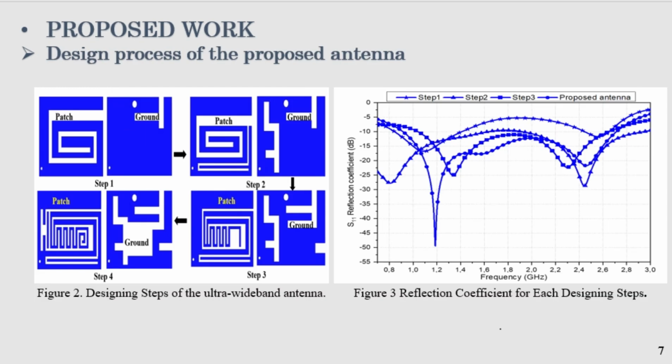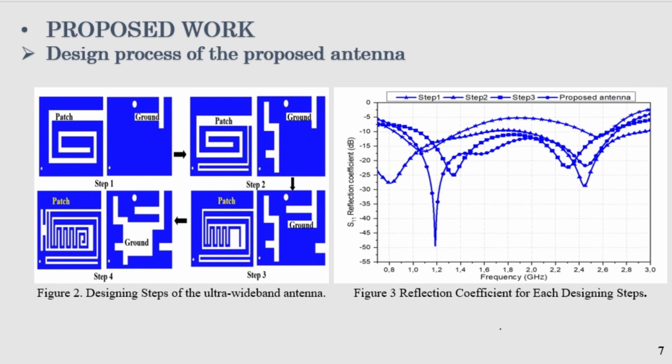Design process of the proposed antenna. The development of the proposed antenna followed a four-step optimization process. Initially, a relatively simple configuration was established, incorporating spiral-shaped slots in the patch and two slots in the ground.